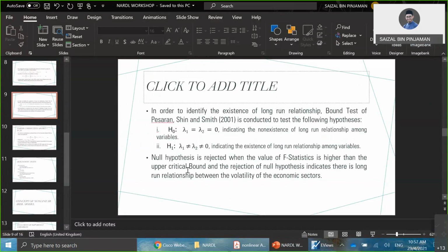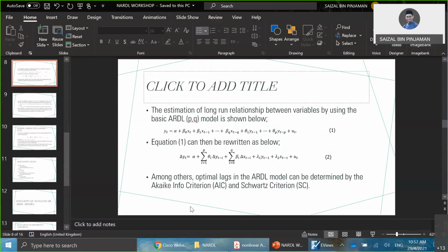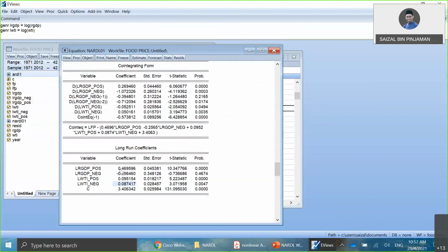What does this bound test tell us? This bound test will help us determine whether our variables are jointly significant in explaining the dependent variable in the long run or not. So this is an individual long run relationship of these independent variables towards the food price: positive and negative for both GDP and fuel price individually.